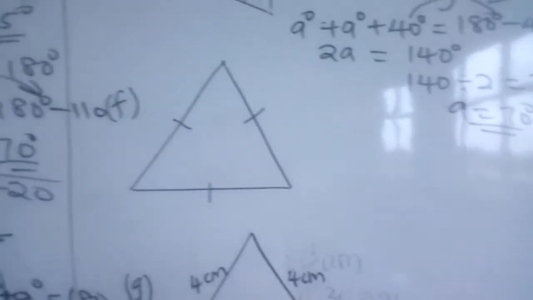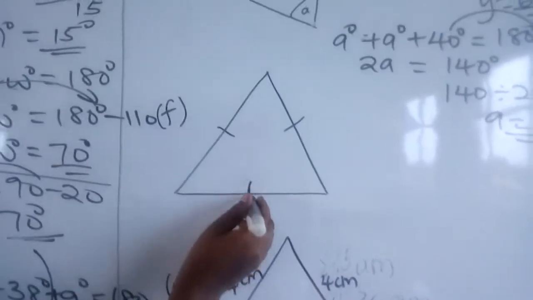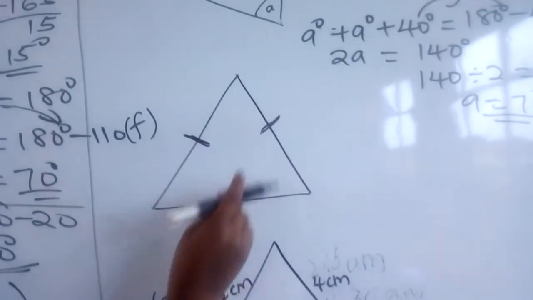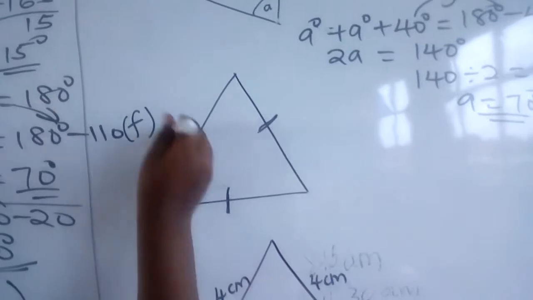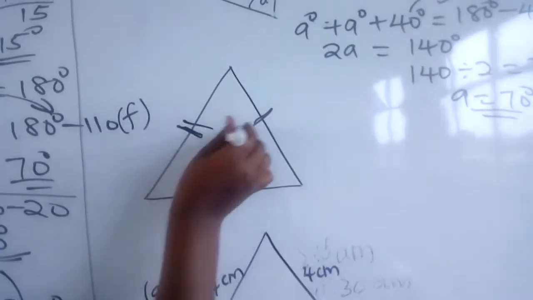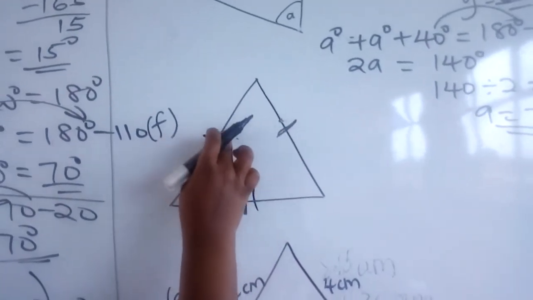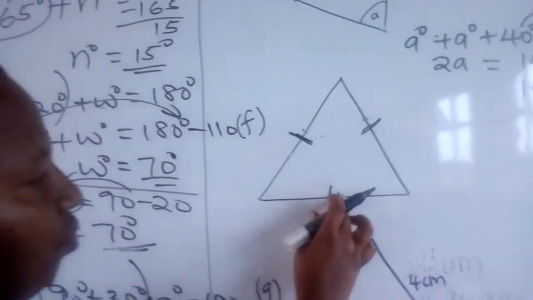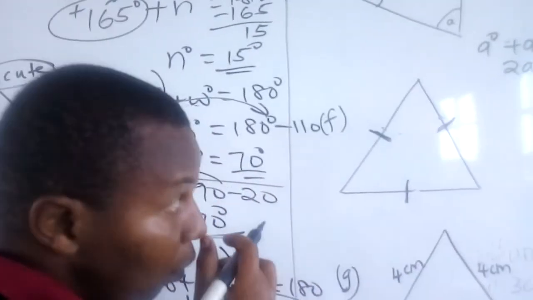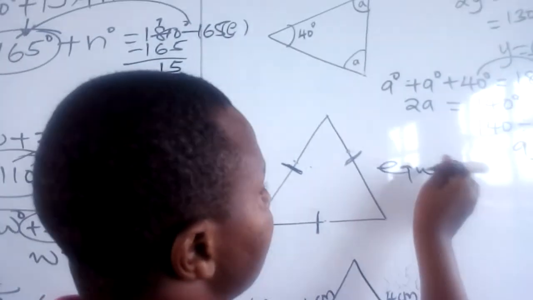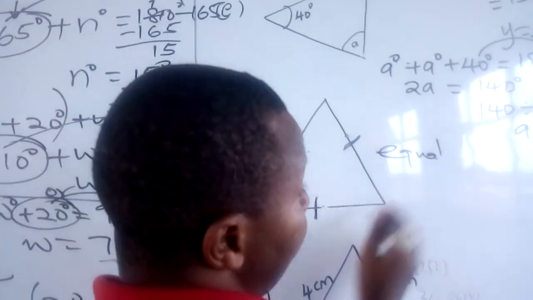Look at this other question. When you come across these marks on the sides, 1, 1, 1 or 2, 2, 2, it means all sides are equal. So in our case we have 1, 1, 1, so it means all sides are equal. In other words, this one is an equilateral triangle.